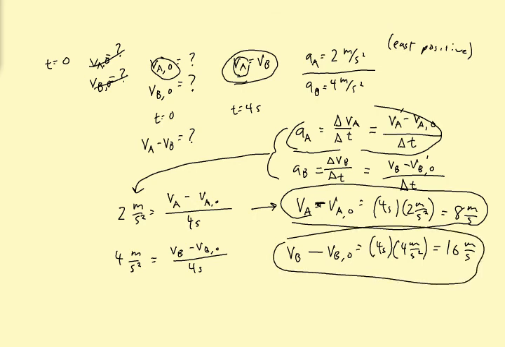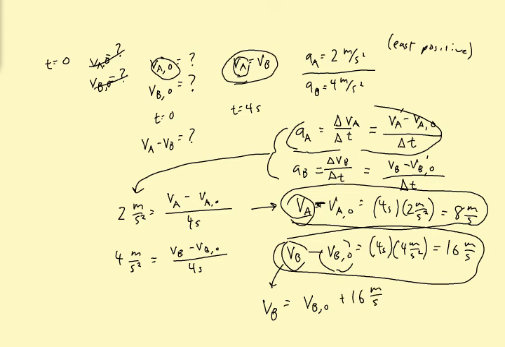And then we know that VA and VB were equal, right? So let's find VB in terms of everything else. VB equals, and we just take this term and move it over to the right hand side, so this is going to equal VB naught plus 16 meters per second.